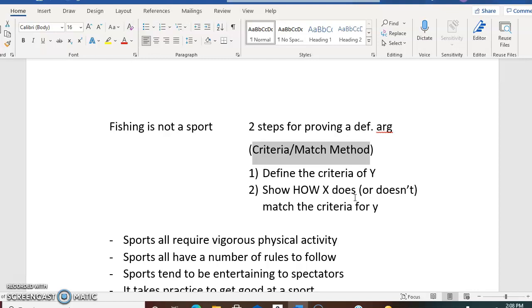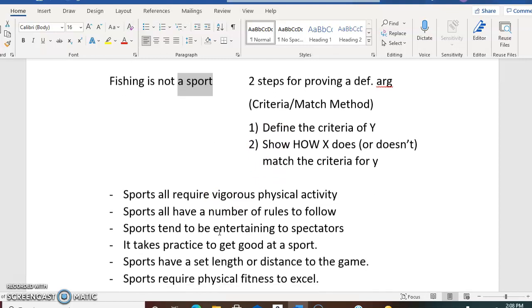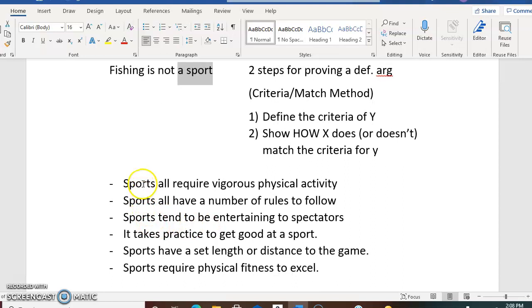The first step is you have to define the criteria of Y. First step is define the criteria of Y. That means telling us what are the fundamental characteristics that make a sport a sport. And then, after you've said those things, by the way, I've done that here, right? You could say, all sports require vigorous physical activity.